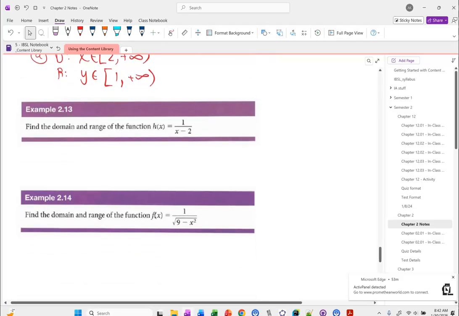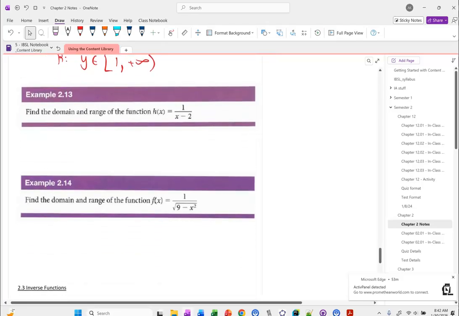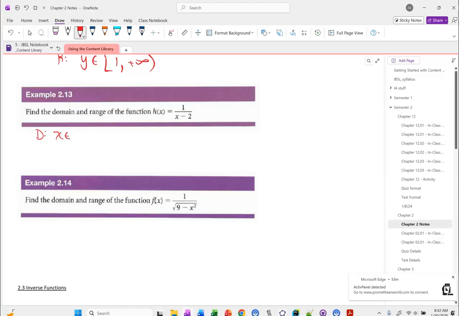All right. Let's look at this one. Who can tell me the domain here? The domain is definitely not 2. Do you mean everything except for 2? Yeah, I think that's probably what you mean. 2 is the number that's important.